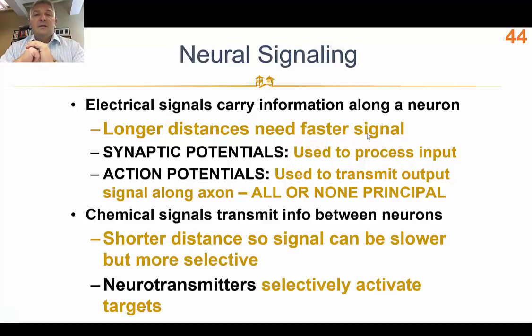And then the other signal we talked about was chemical signals. Chemical signals are slower, but because the synapses are such small distances, the chemicals don't have to travel very far, so it doesn't really slow down the speed of information that much. The benefit of chemical signaling is that we can be selective and we can have differential effects. So going back to the autonomic nervous system, when we talked about the sympathetic and the parasympathetic system, same target, the heart.